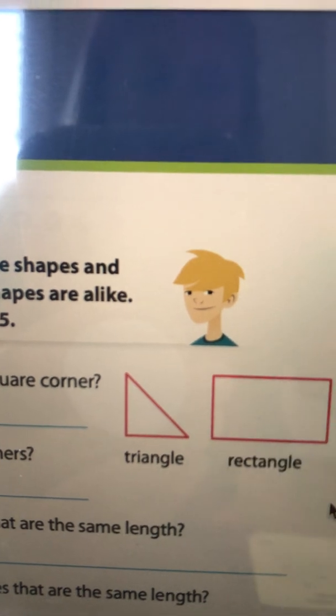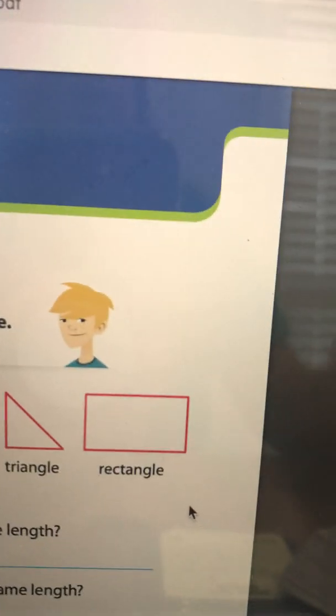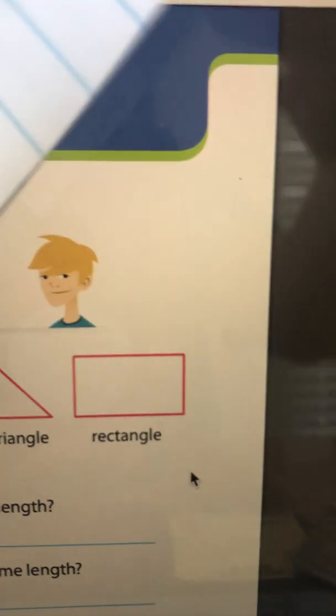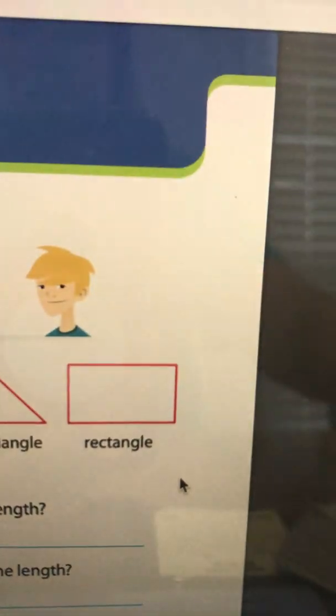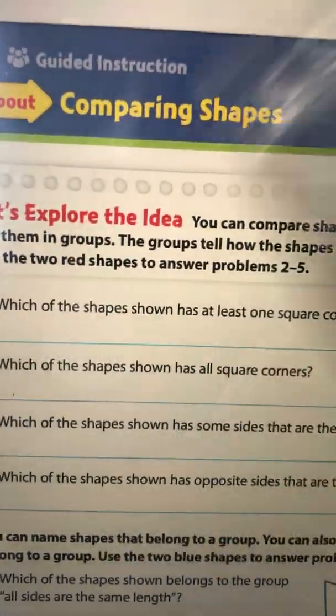That will fit. That will fit. Try one more. That fits, and we already know that bottom one fits. So the only shape that has all right angles is, of course, the rectangle. So number 3, we're going to put rectangle.